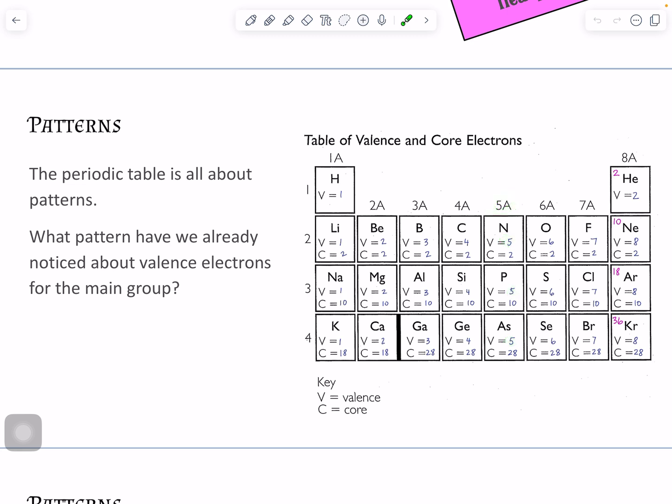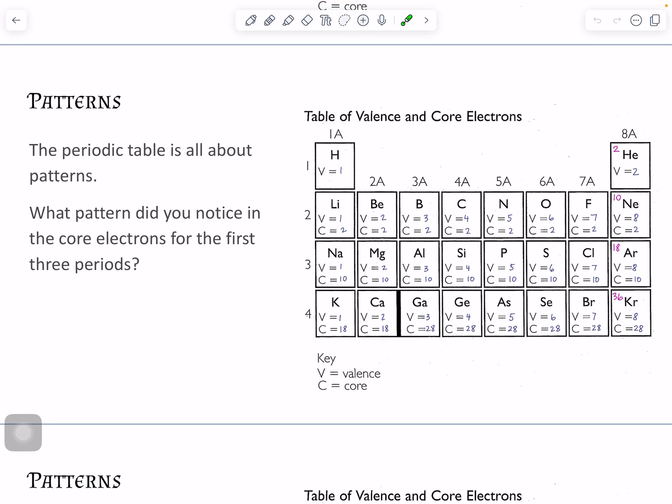So we can look at the main group, and those are the ones with A's. Main group elements always have the same number of valence electrons as their group, except for the first period. So helium is in group 8, but it only has 2 valence electrons, because its atomic number is 2, so it only could have 2 electrons.